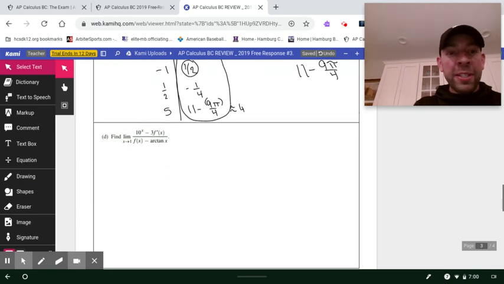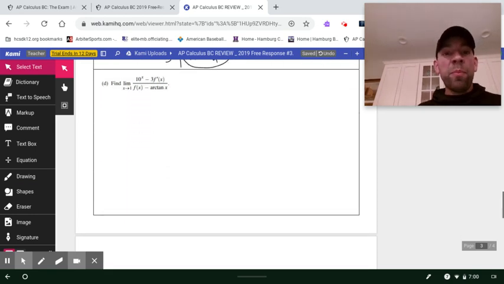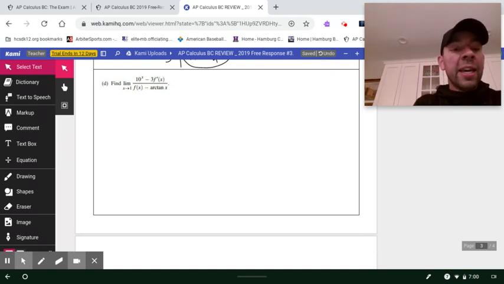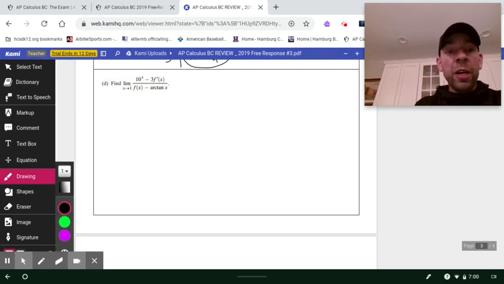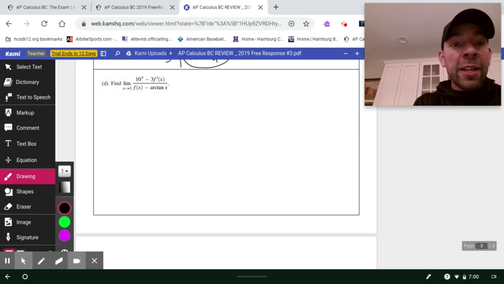When I first saw D, my knee-jerk reaction was, I was betting heavy money that we were going to use L'Hopital's rule. And before we can just blindly start taking derivatives, we've got to first verify that L'Hopital's rule is applicable. And so what I did was I evaluated the numerator here.